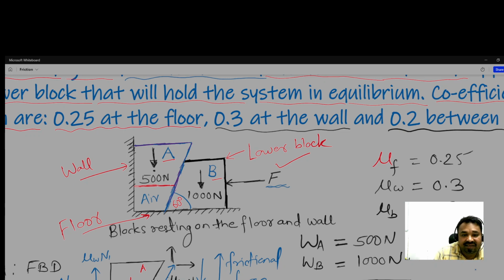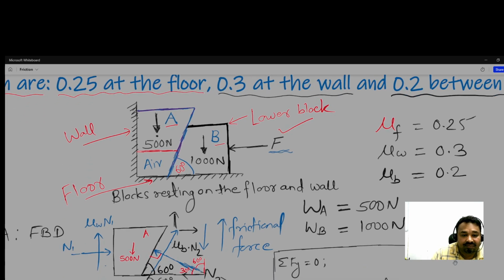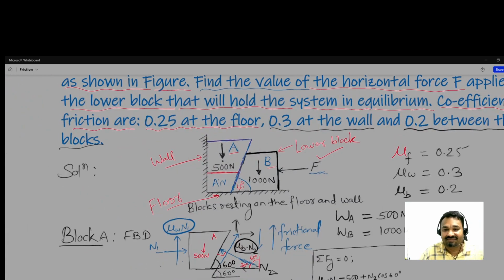So that's why the frictional force in block diagram A, this is the block diagram A, it will try to come down, so that's why this frictional force is taken in upward direction. And similarly here between the blocks, the frictional force is taken just opposite to this load 500 Newton, this one, see the direction. So this we have to take care. So in this way we have done. Thank you.